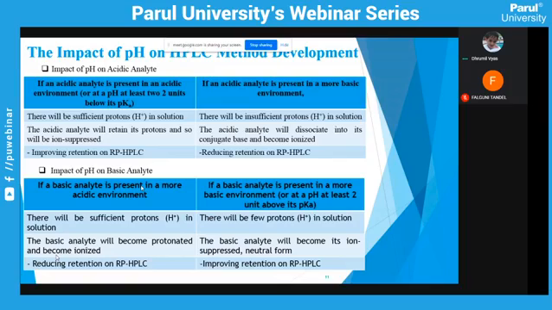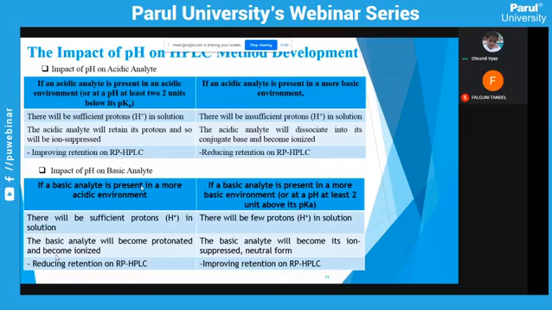The acidic analyte will retain its proton and so will be ion suppressed, improving the retention of that particular compound in reverse phase HPLC. So like retains like. If we like someone, then we can't let them go. Accordingly, here the same is happening.